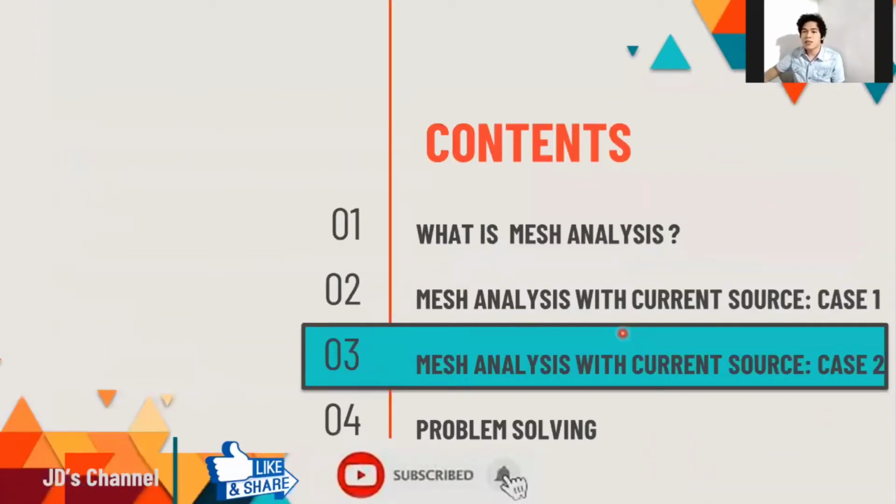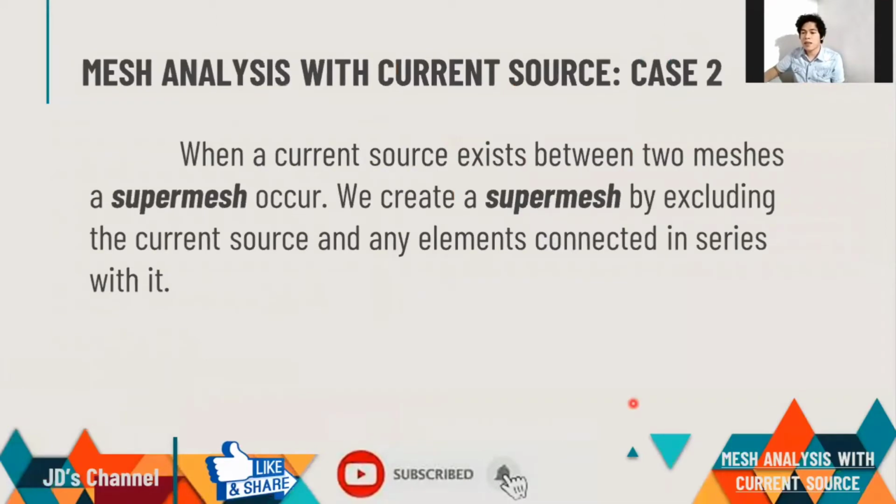Okay. So, the next one is mesh analysis with current source case 2. When a current source exists between two meshes, magkakaroon tayo ng super mesh, yung sinasabi ko sa inyo kanina.